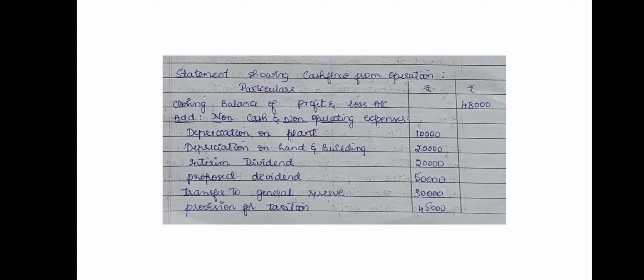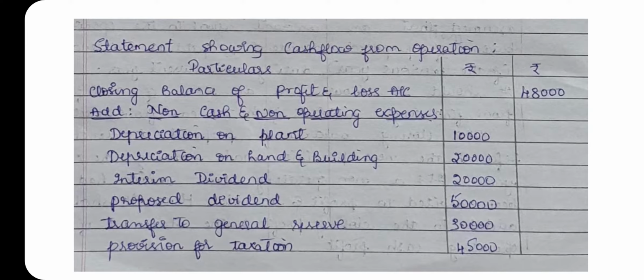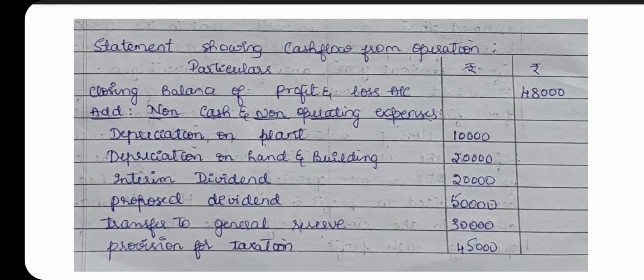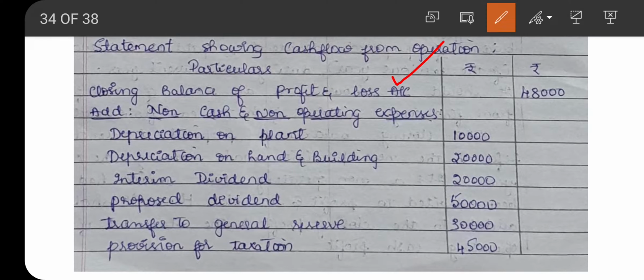So we are done with all the working notes. Now we are preparing the statement showing cash flow from operation. Firstly, we need to write the closing balance of profit and loss account, which is given in the problem: 48,000.